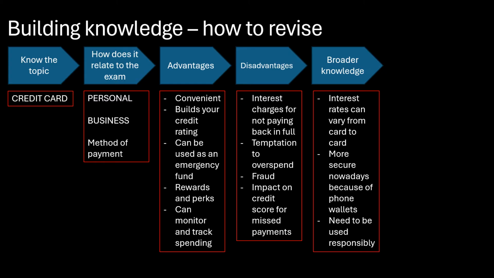The card is on the phone, so it's a lot safer that way. And of course, credit cards need to be used responsibly as well. But that's just an example of how to revise. Take a topic, think of it like that. Then if a 12-mark question or an 8-mark question came up on credit cards, I'd say that looking at that screen there, you have sufficient to try and get yourself the full 8 marks.